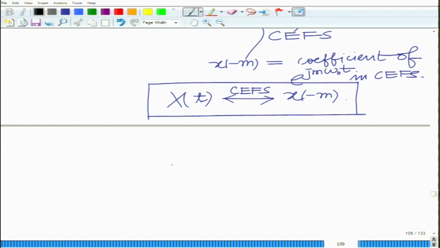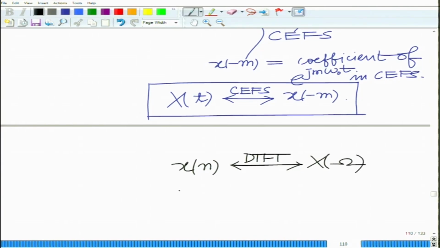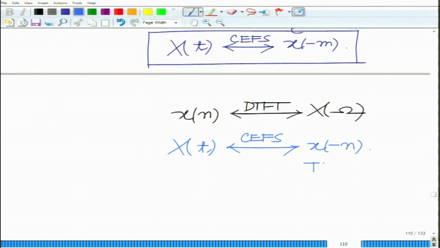And in fact, the complete duality result is, x of n has the equivalence in terms of the DTFT, and the bottom that I am going to write now, if you look at the signal in time, it is naturally going to be a continuous time signal, because x of omega is a continuous function, but it is going to be a periodic signal x of t, and this equivalent is in terms of the complex exponential Fourier series x of minus n with the fundamental period t naught equals 2 pi, fundamental linear frequency f naught equals 1 over 2 pi, angular frequency omega naught equals 2 pi f naught equals 1 radian per second, and this is the result.